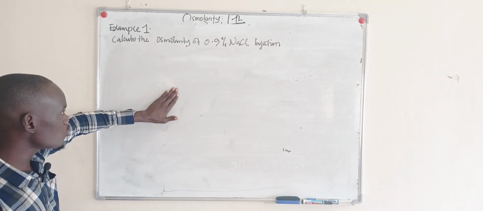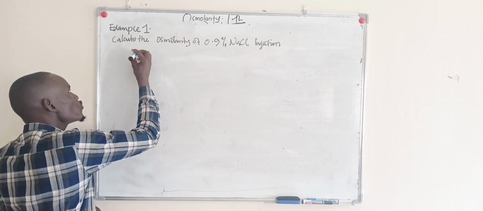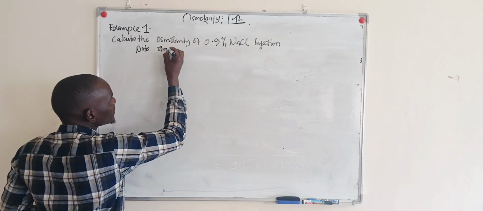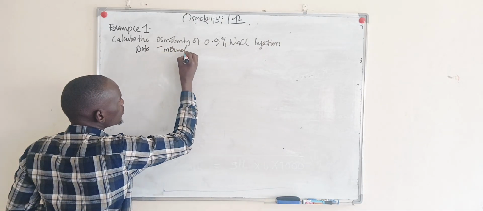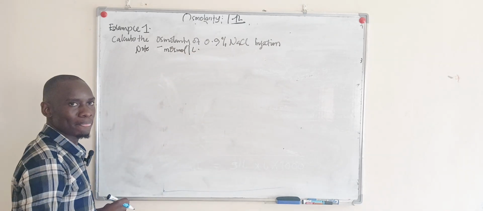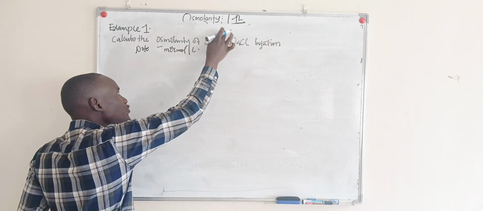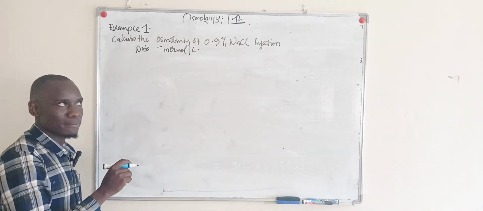The first thing to do is to note that osmolarity, in mOsmol, is calculated in liters. After knowing that, we want to convert this into mOsmols.